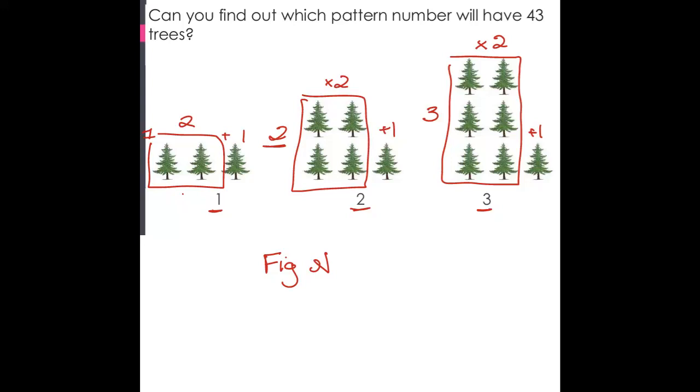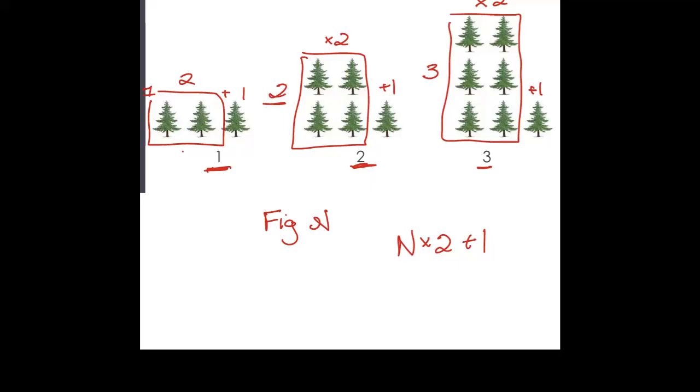It's n times 2, because whatever the figure number was, we took that times 2 and then plus 1, right? Does everybody understand that? n times 2 plus 1.